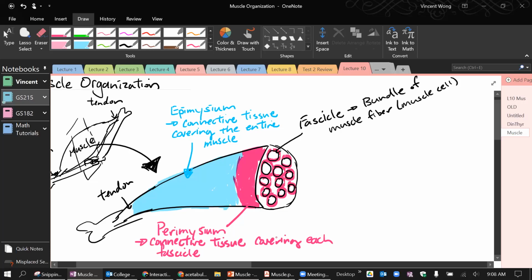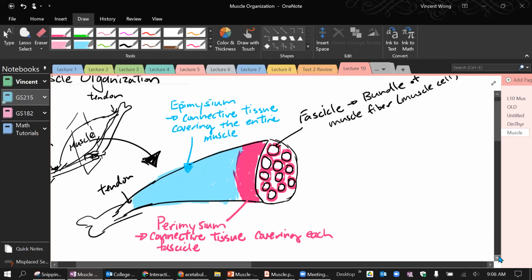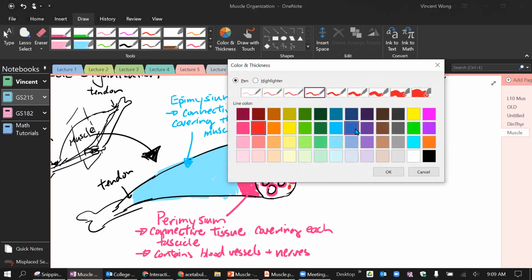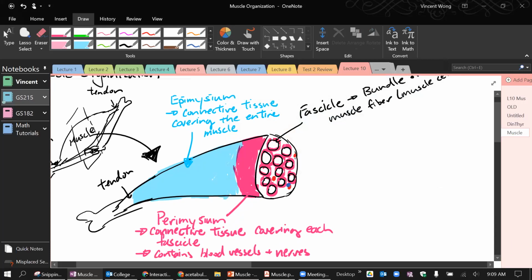And this is the layer that also contains blood vessels and nerves. So I'm going to add some blood vessels here. Maybe there's going to be a blood vessel here, and you're going to have some veins next to it.